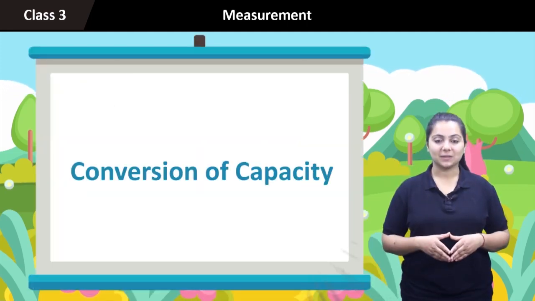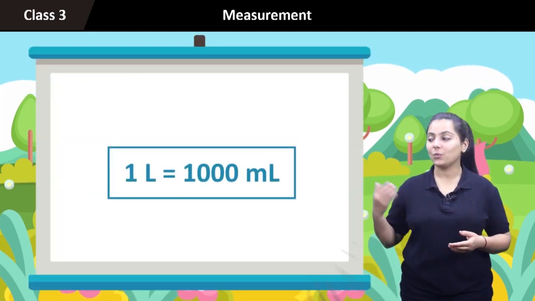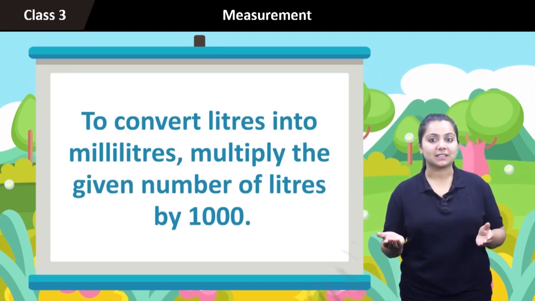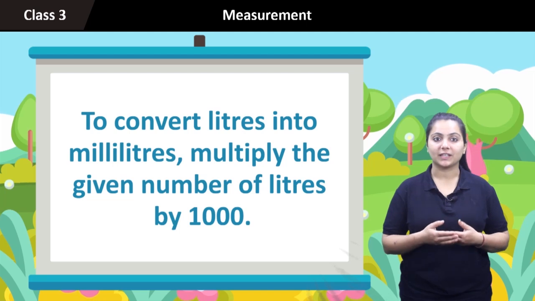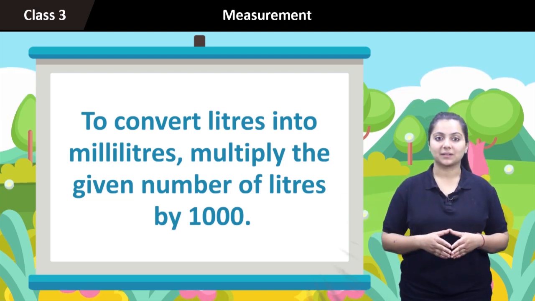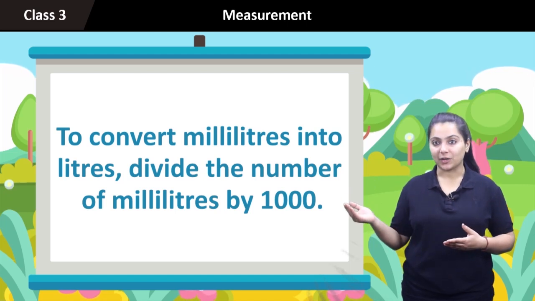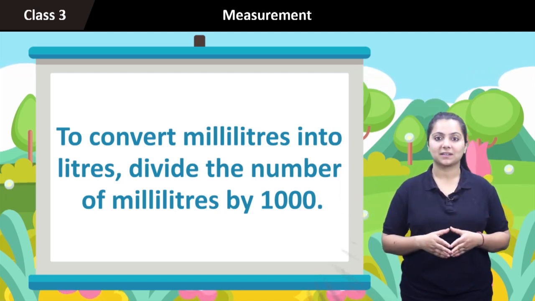Conversion of capacity. 1 liter is equal to 1000 milliliter. To convert liters into milliliters, multiply the given number of liters by 1000. To convert milliliters into liters, divide the number of milliliters by 1000.